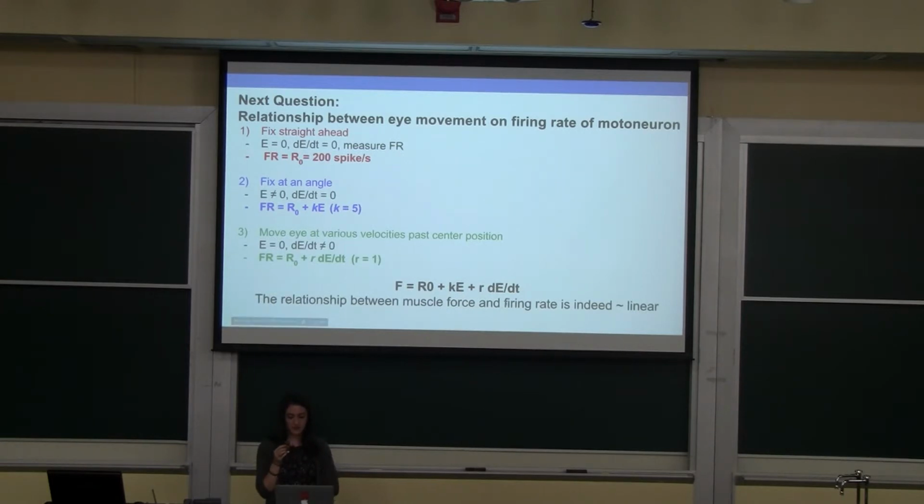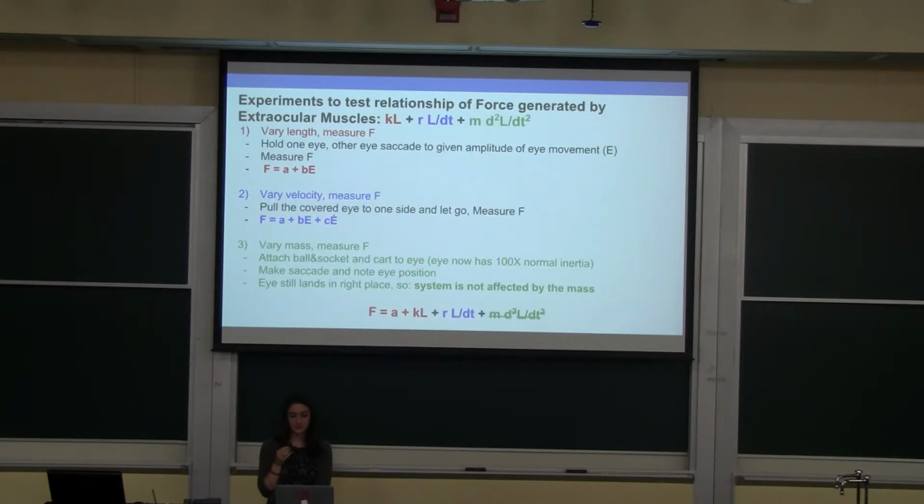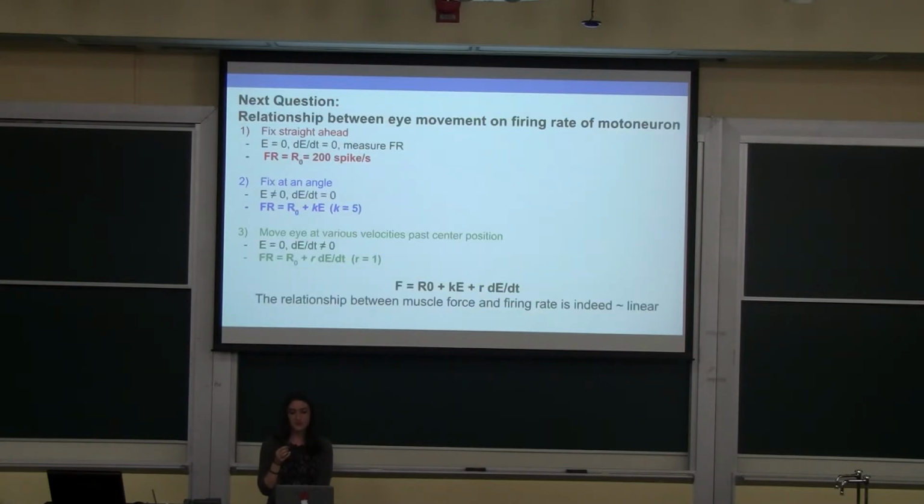So in relating the relationship between firing rate and also the force as a function of the eye movement, both of these are of the same form. And so we can see that the relationship between force and the firing rate of the motor neurons is linear.